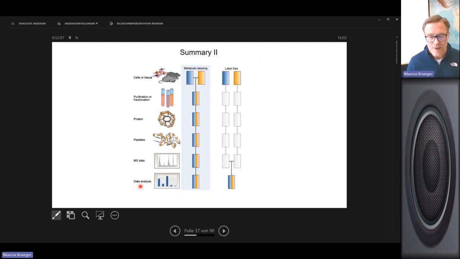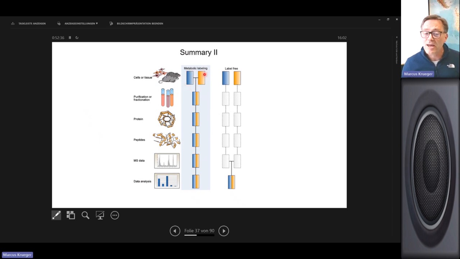And just as a second summary, I just want to stress and highlight again the power of SILAC, right? So metabolic labeling versus label-free. The advantage is if you have cells or tissues, you can immediately after protein extraction mix your samples together. And whatever happens then in terms of enrichment, purification, or fractionation, happens together.